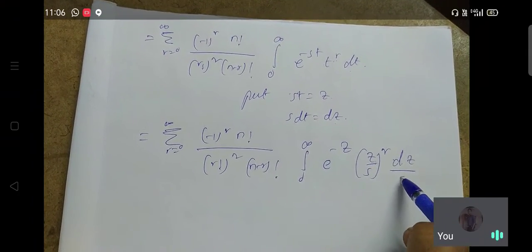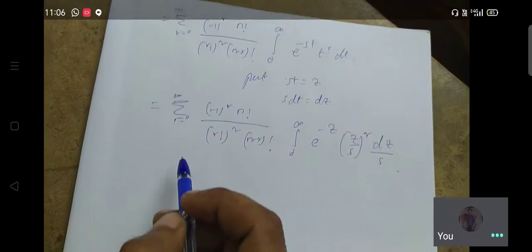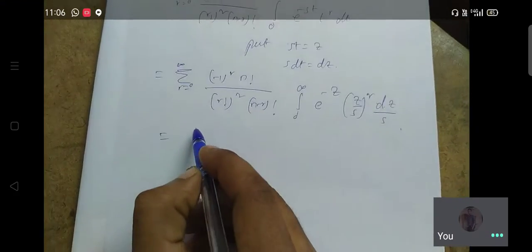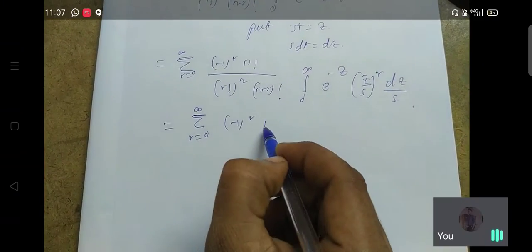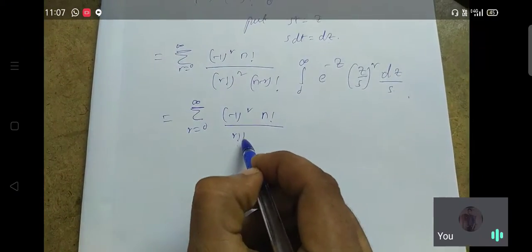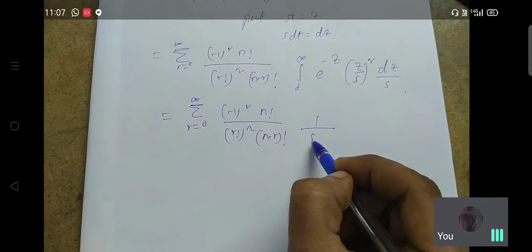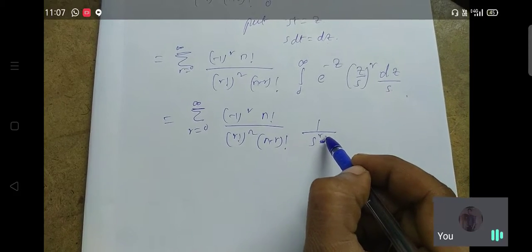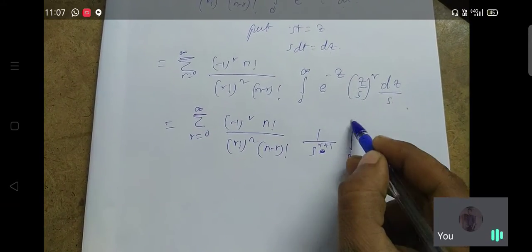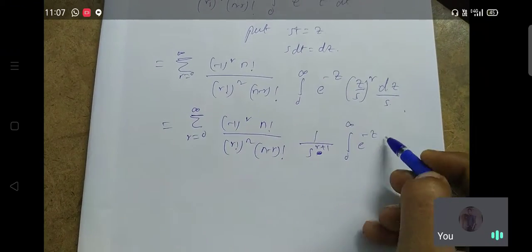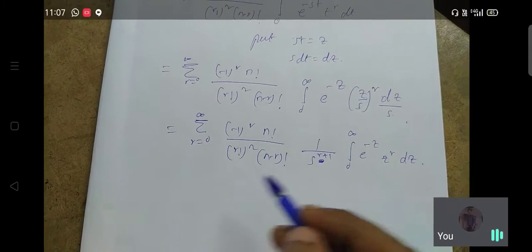Now s is a constant. So the summation of (-1)^r n! divided by (r!)^2 (n - r)! times 1 over s^(r+1) times the integral from 0 to infinity of e^(-z) z^r dz, which is equal to a gamma function.